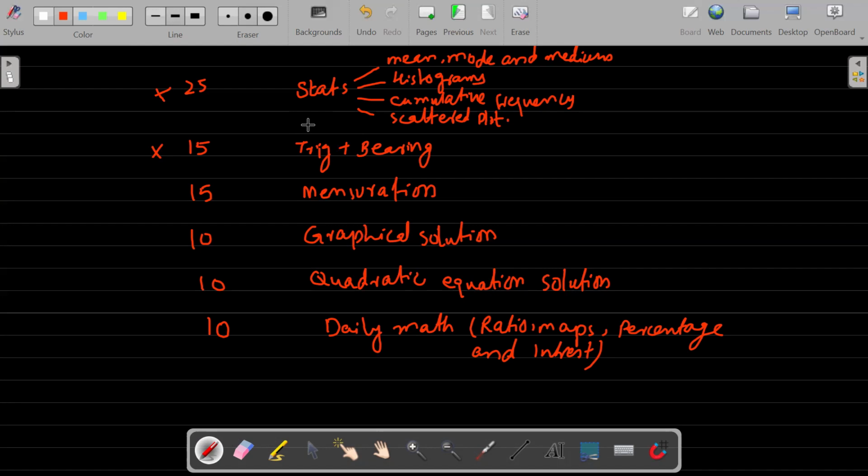If you practice according to the weightage of a chapter, you have maximum chances of getting good grades. Did you understand, Fatma? Yes, miss. All other chapters, like vectors and transformations, and in fact transformation also comes in graphical solutions, one or two questions.